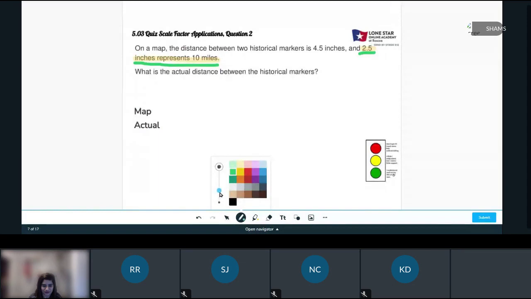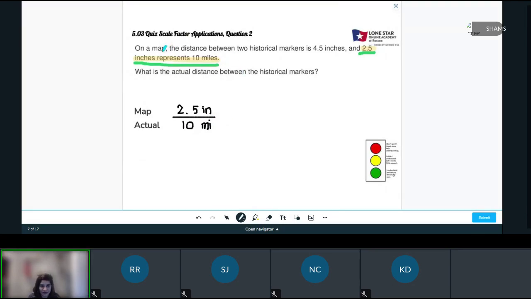So let's do that. So 2.5 inches on the map will represent 10 miles in actual. That's how you set it up. That is given.